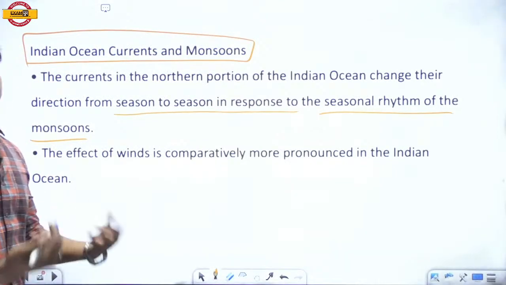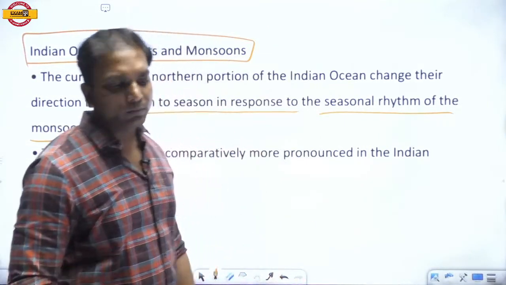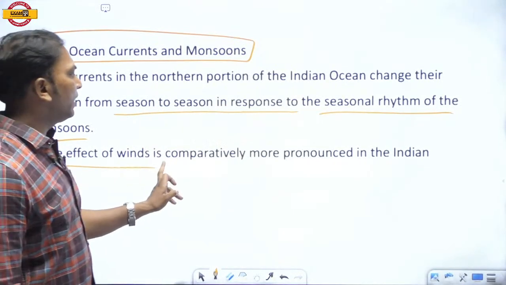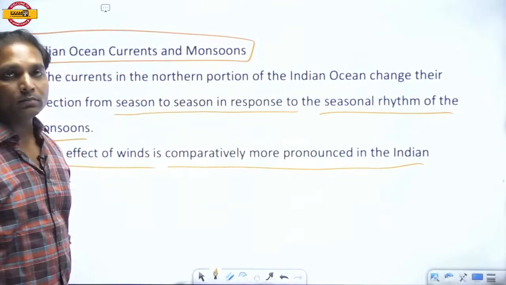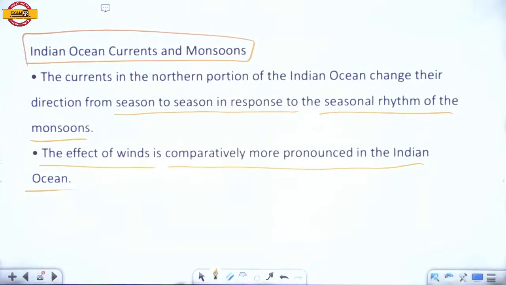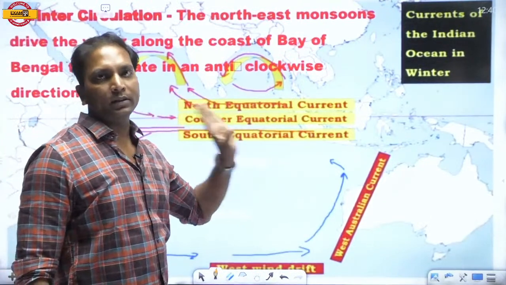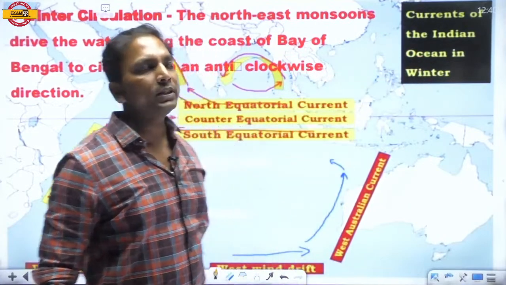In summer it would be the southwest monsoon, and in winter the northeast monsoon. So the effect of winds is comparatively more pronounced in the Indian Ocean. Getting the point? Now you see the currents of the Indian Ocean in winter.